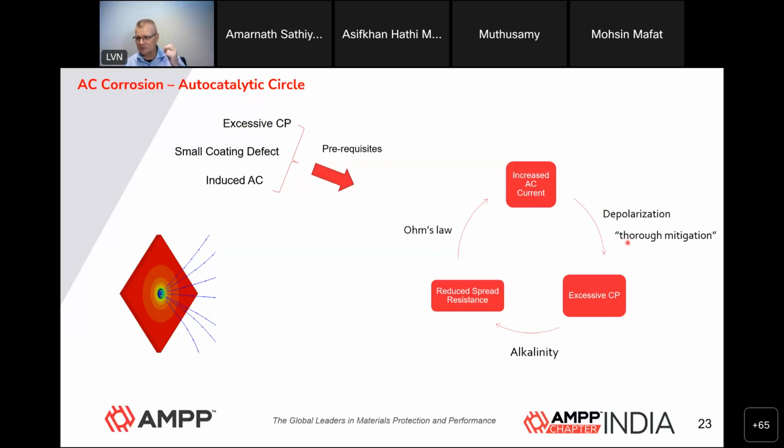You would like to add cathodic protection in order to mitigate this AC current. So what you're actually doing is creating additional excessive CP. This excessive CP will turn into reduced spread resistance. By Ohm's law, you will have increased AC current, and then you start this circuit of autocatalytic AC corrosion, and you create your own problem actually. Right?